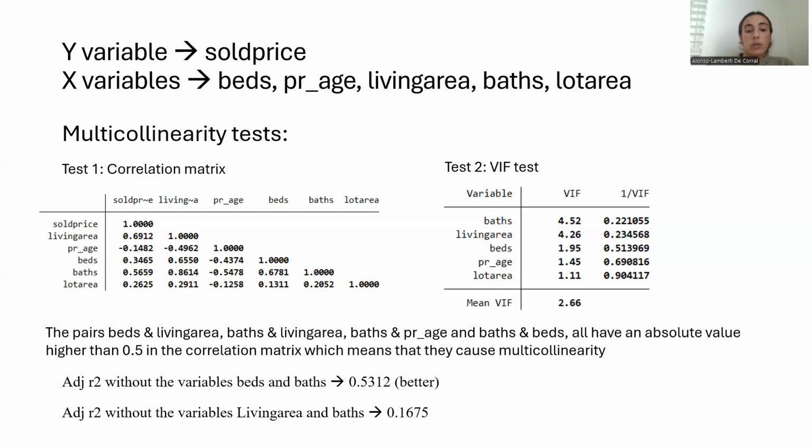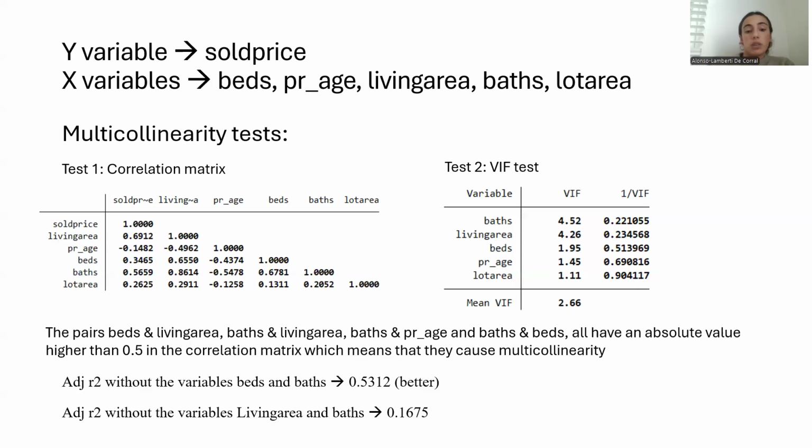We must not include the variable baths in our regression because it is present in 3 of these pairs. And we also have another pair, beds and living area, so we have to include either beds or living area, not both.